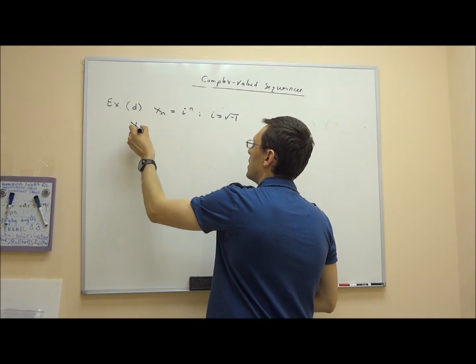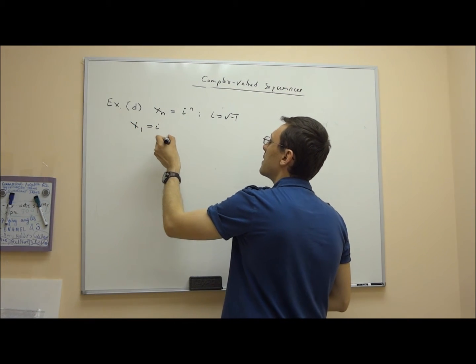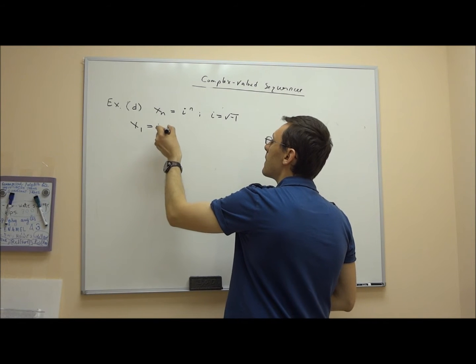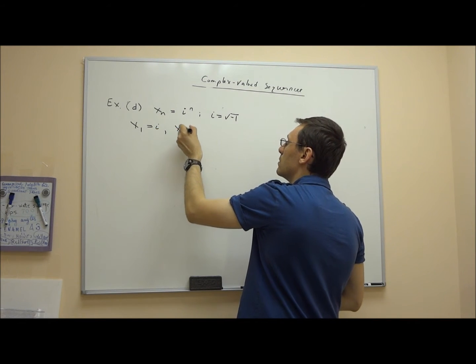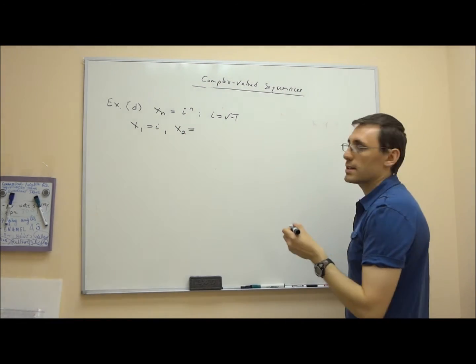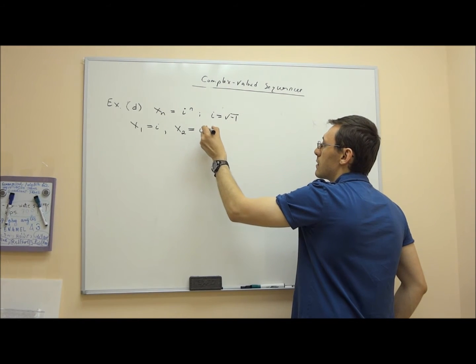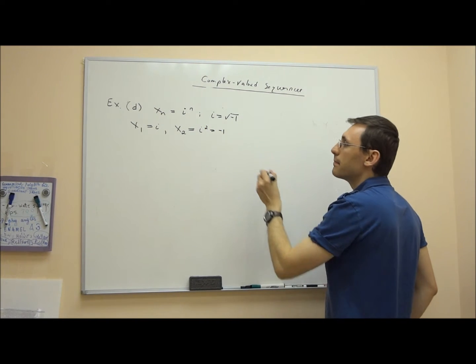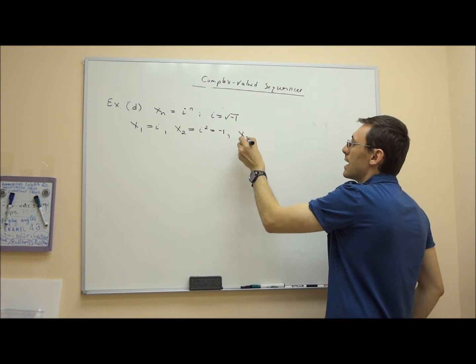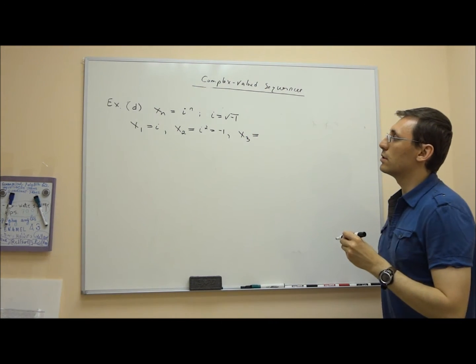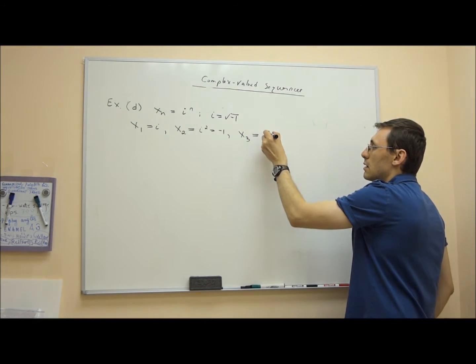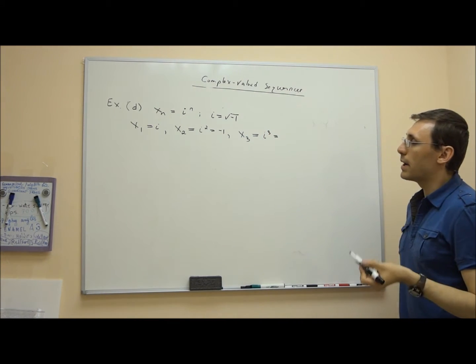So you have x1 is equal to i. x2 is equal to i squared, which is -1. x3 is equal to i cubed, which is -i.